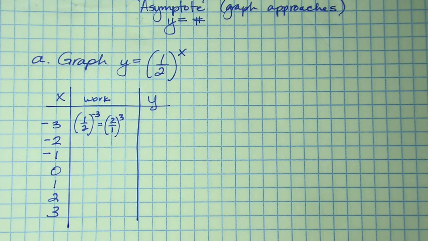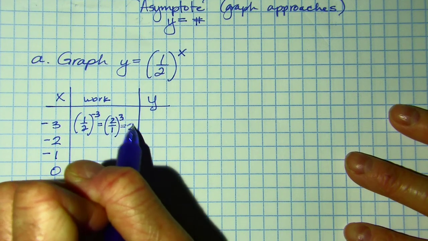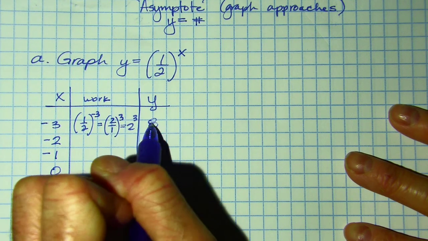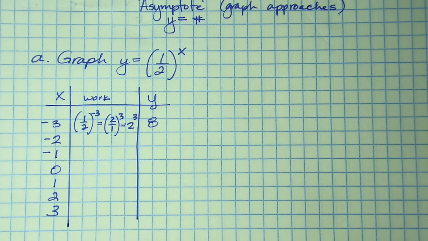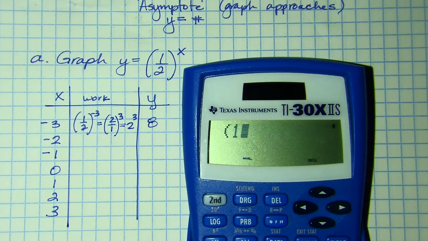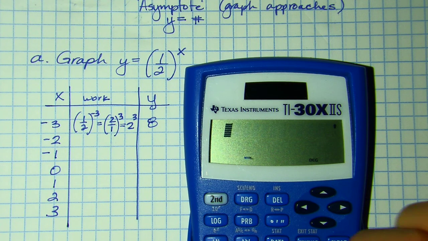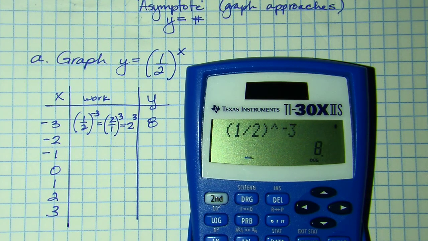Now, I don't know if you remember, but negative exponents means we write the reciprocal and make the exponent positive. So this is now just 2 to the third, which equals 8. So if I was to enter this in my calculator, you do parentheses, 1 divided by 2, write 1/2, use the arrow, 1 divided by 2 to the -3rd. Notice it also gives me 8.